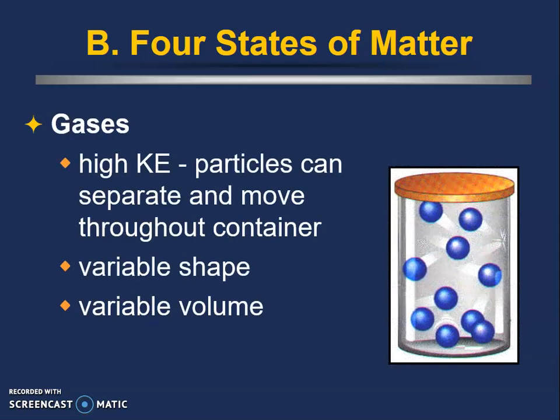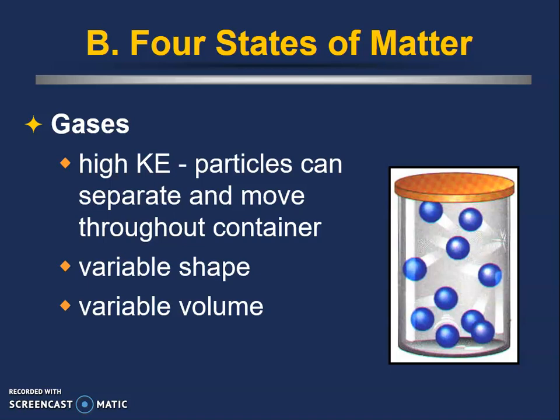Let's add more kinetic energy. Let's heat up this water some more. When you do that, it can turn into a gas. Gas has high kinetic energy. Now the particles can separate and move around. So gases have variable shape, just like a liquid, but they also have variable volume.